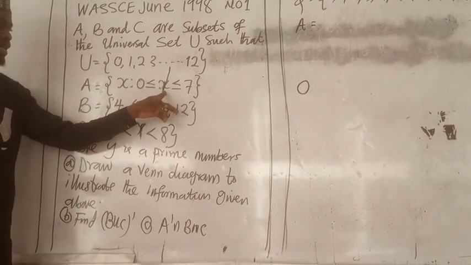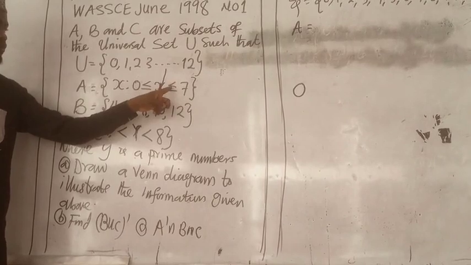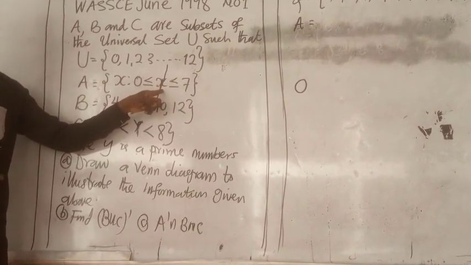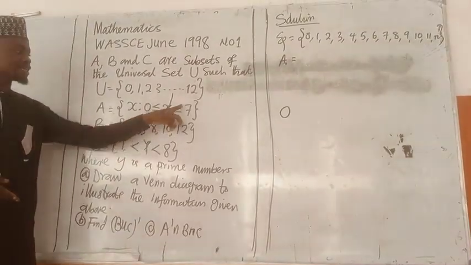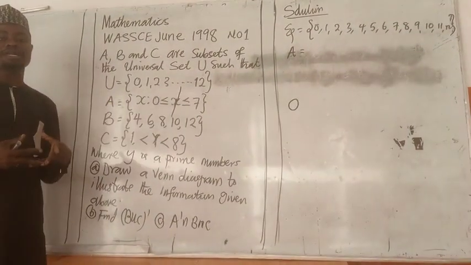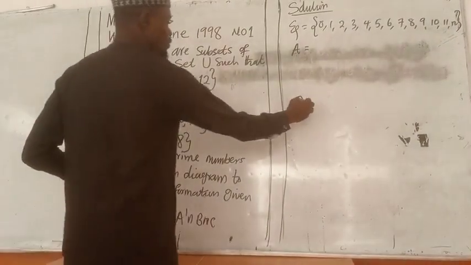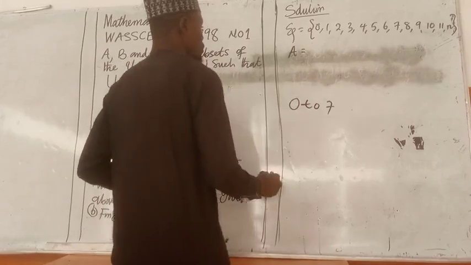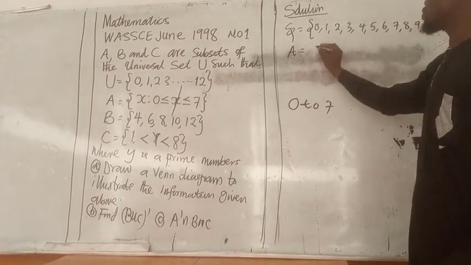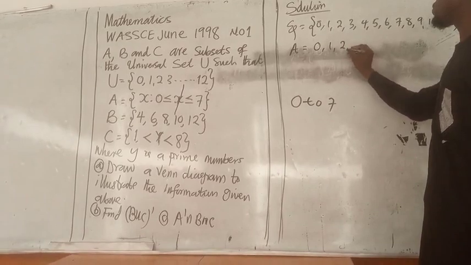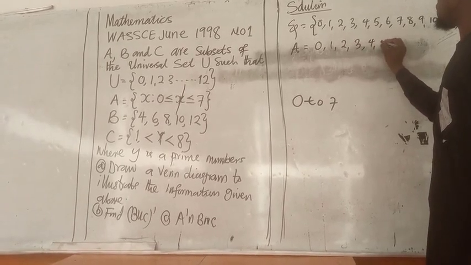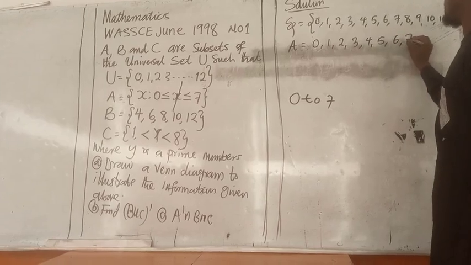If you look at it, x is here, and the sign does not face the set we consider, which means it's less than. x is less than or equal to 7, and the 7 is also inclusive, which means it ranges from 0 to 7. So our set A is 0, 1, 2, 3, 4, 5, 6, and 7.